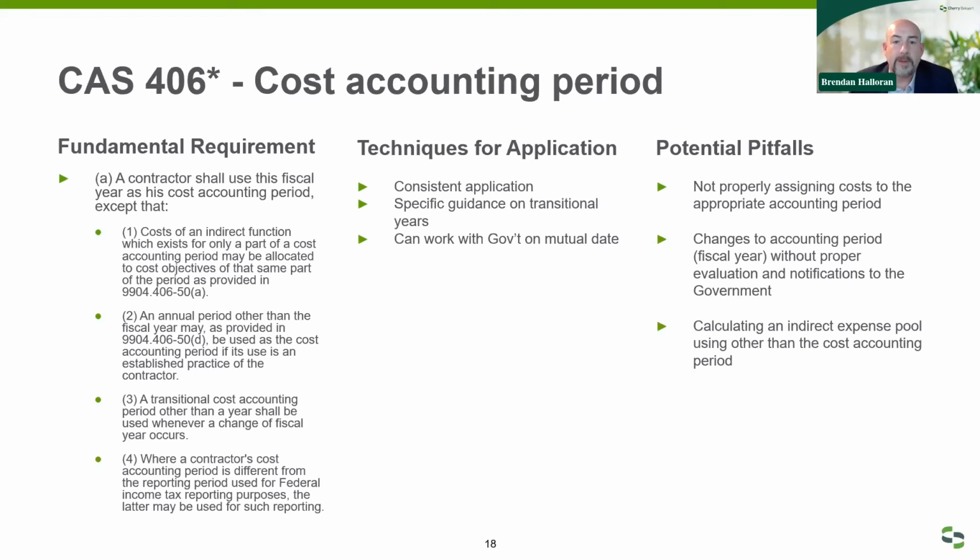Again, it's just a matter of being consistent and really being very, very adherent to making sure that costs are allocated in the appropriate period. So basically really what you're trying to do here is to keep those costs in the appropriate accounting period. From a government perspective, there's perceived risk of costs that are crossing periods that may not really benefit either the prior or current contracts.